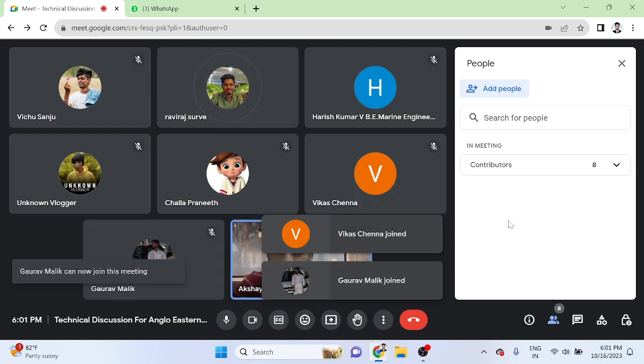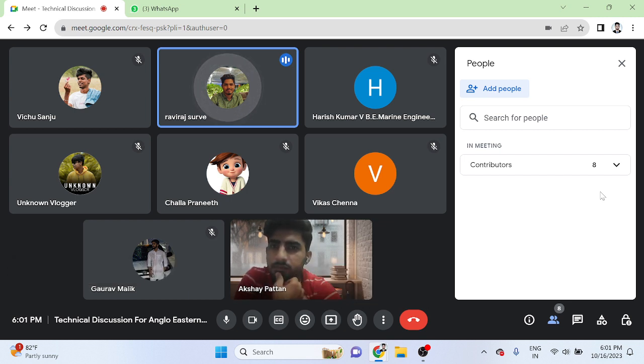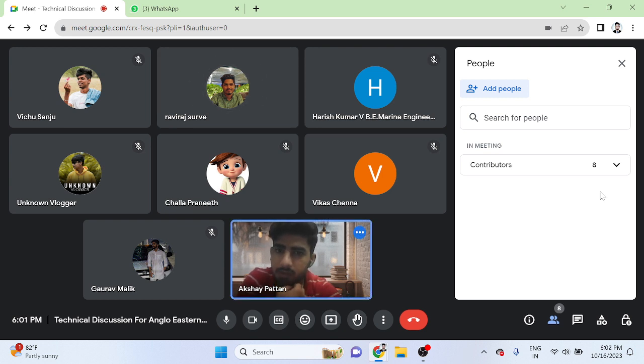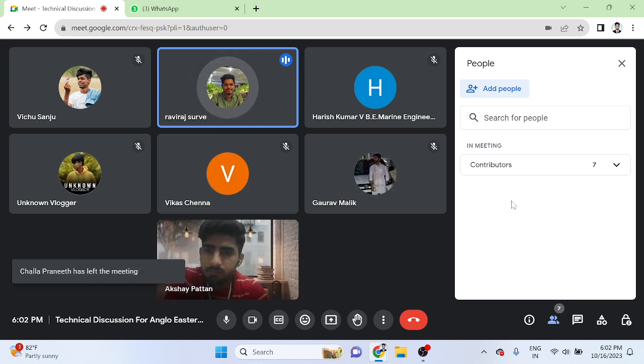Centrifugal pump is basically a rotodynamic pump, which works on the principle of centrifugal force. When we switch on the motor, it starts rotating. The impeller also starts rotating because the shaft of the impeller is connected to the motor shaft. When the impeller rotates at high speed, it imparts centrifugal force on the liquid.